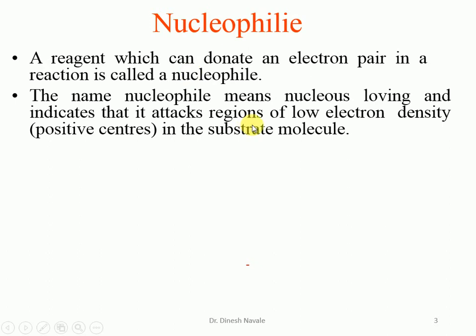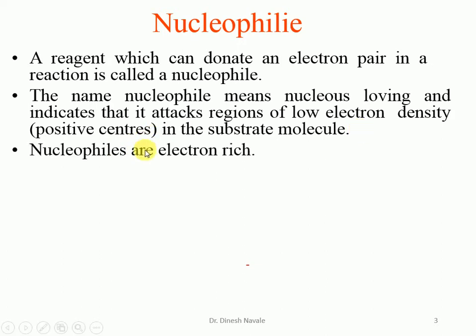The name nucleophile means nucleus loving, and indicates that it attacks the region of low electron density, the positive center in the reaction substrate. That means nucleophiles are electron rich species, and they attack the electron deficient species or the region which contains low electron density during the reaction.